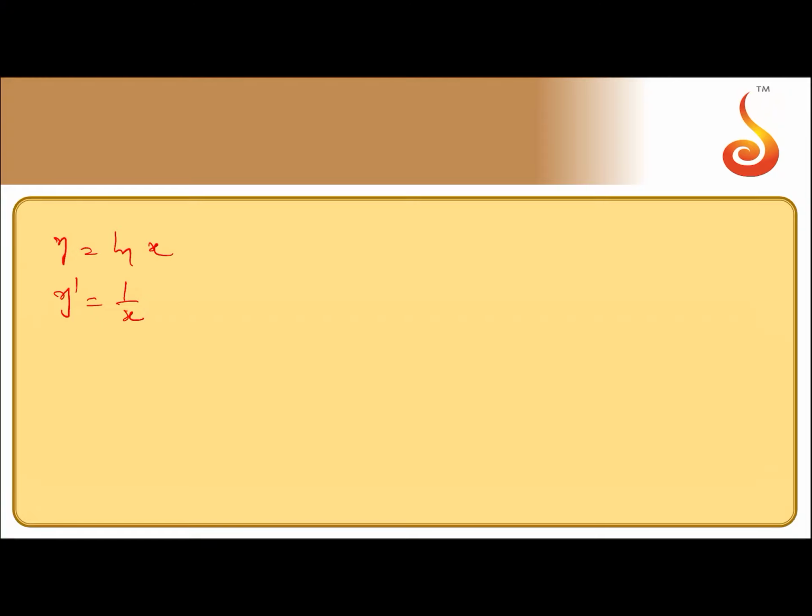Let me take the point P as x1, comma y1, on the logarithm of x. So the equation of tangent line is y minus y1 equals 1 divided by x1 into x minus x1.